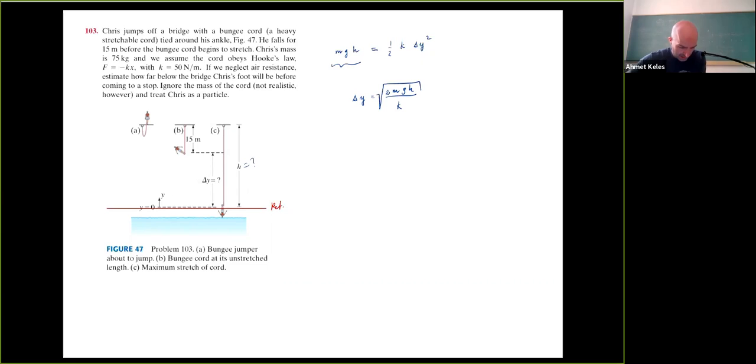But the problem is h is equal to delta y plus, I don't know what to call this. Let's call this length of the cord L, right? So then delta y is equal to the square root of 2mg over k times delta y plus L. Does anybody know how to get y out of this?